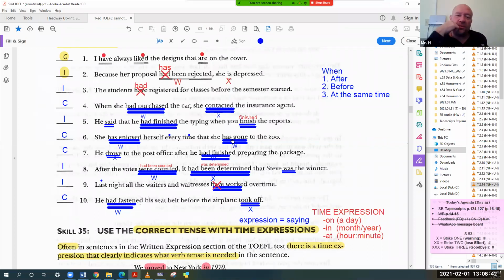Do you have the answer key? What does the answer key say here? No, in your answer key of the red book, what does it say? I don't have the red book. You don't have the red book? Let's take a look at the end of the book then and see what it says.